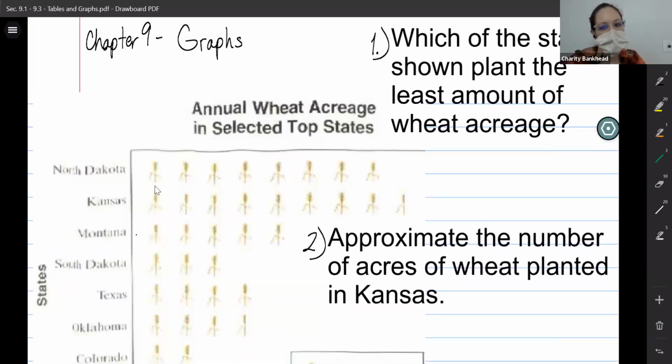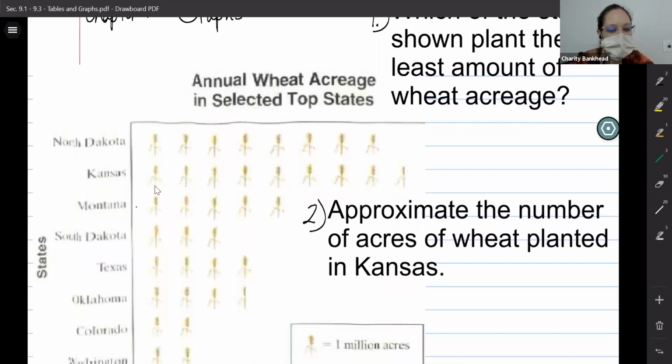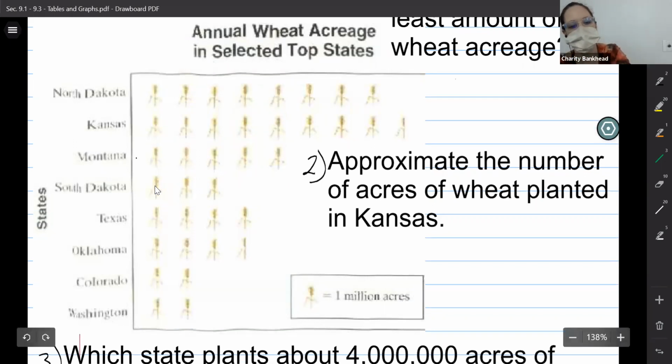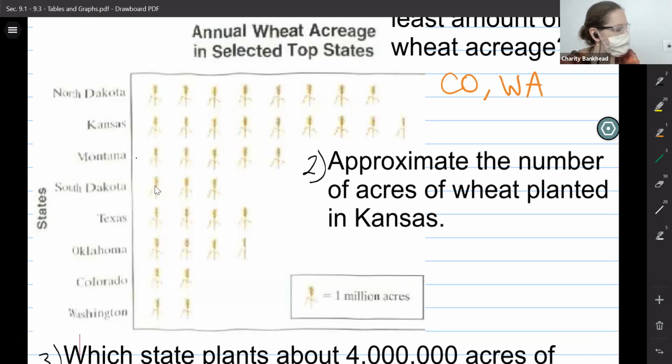And question number 1 says, which of the states shown plant the least amount of wheat acreage? So that would be Colorado and Washington. They only have 2, and all the other ones have more than that.